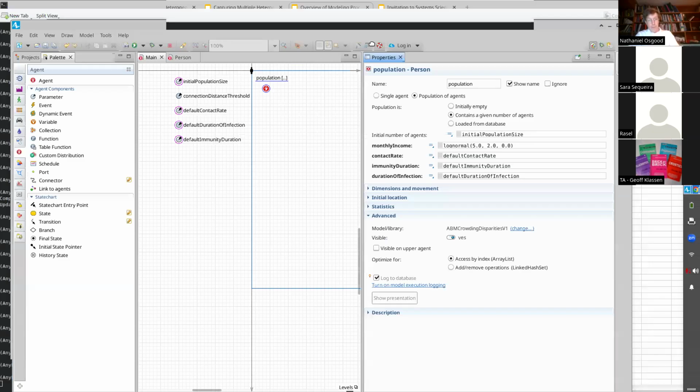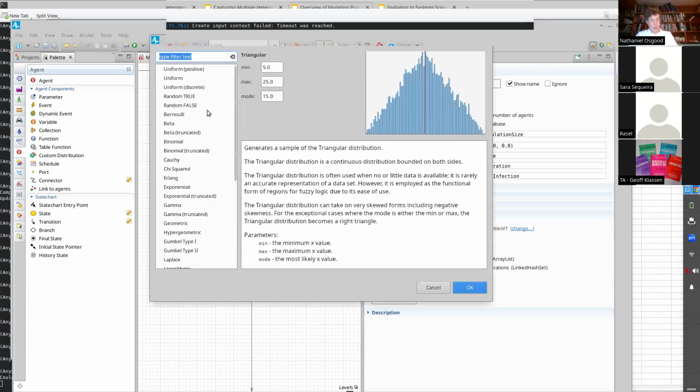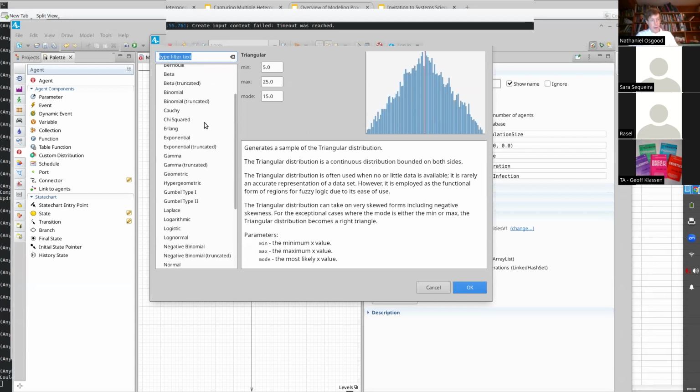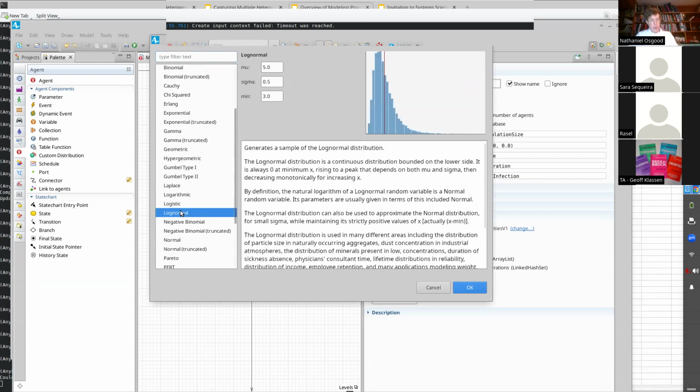For those wondering, you can use at least some versions of AnyLogic. I know there's this little picker here, which is a distribution picker, and you can go and say log normal, okay, mu is 5, sigma is 2, minimum of 0, and get a sense of what it looks like.